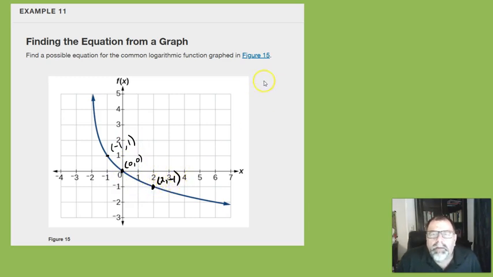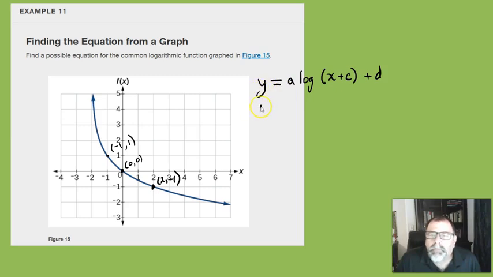And so we know it's base 10. If we do y equals a times log base 10 of x plus c, plus d for our transformations, we're going to plug in the negative 1, 1 first.